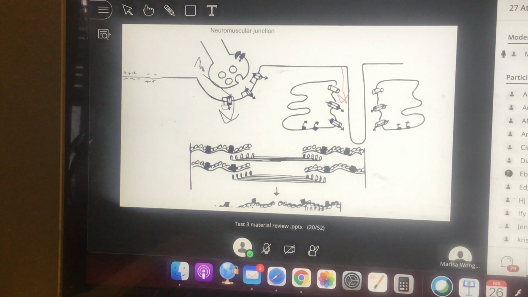Because if you open these channels and allow a bunch of sodium to rush across the membrane, you're making it a little bit positive right here. And that's what the action potential is, where you flipped. Where it used to be positive outside, negative inside, now suddenly it's positive inside, negative outside. And that's the signal that then travels down the membrane. Does that answer the question?